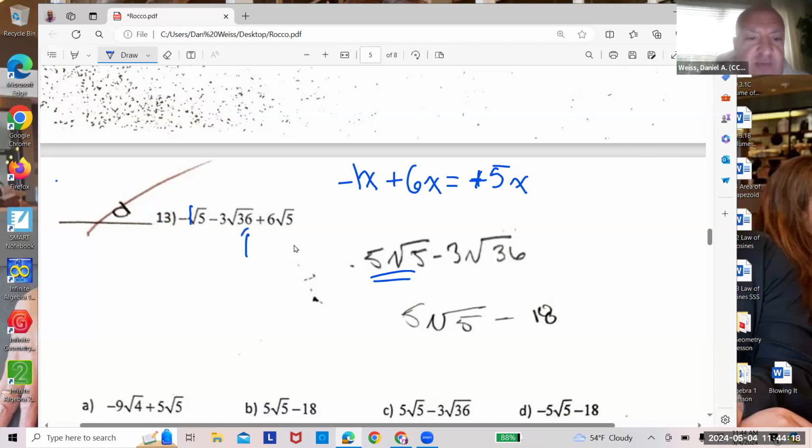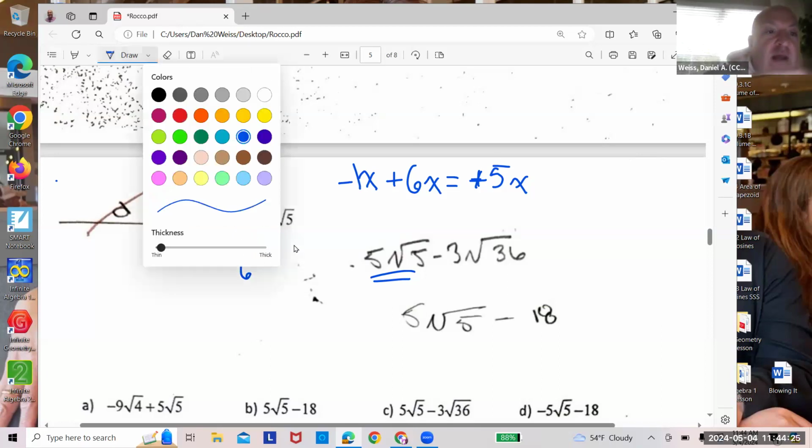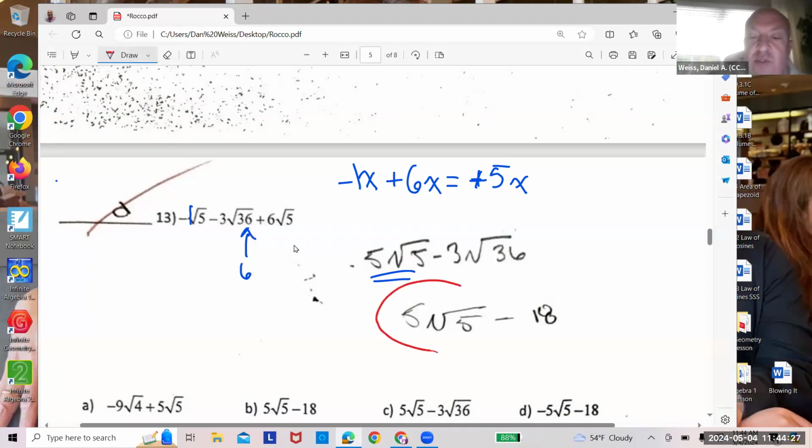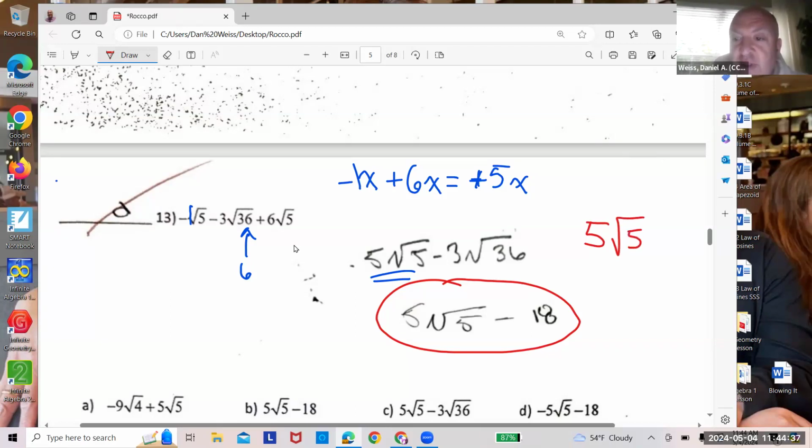This is 6. And you said 3 times 6 is 18. I am sorry. I do not know what's wrong with this. Unless your teacher misread it, it is 5 square root of 5 minus 18. I do not know what's wrong with that.